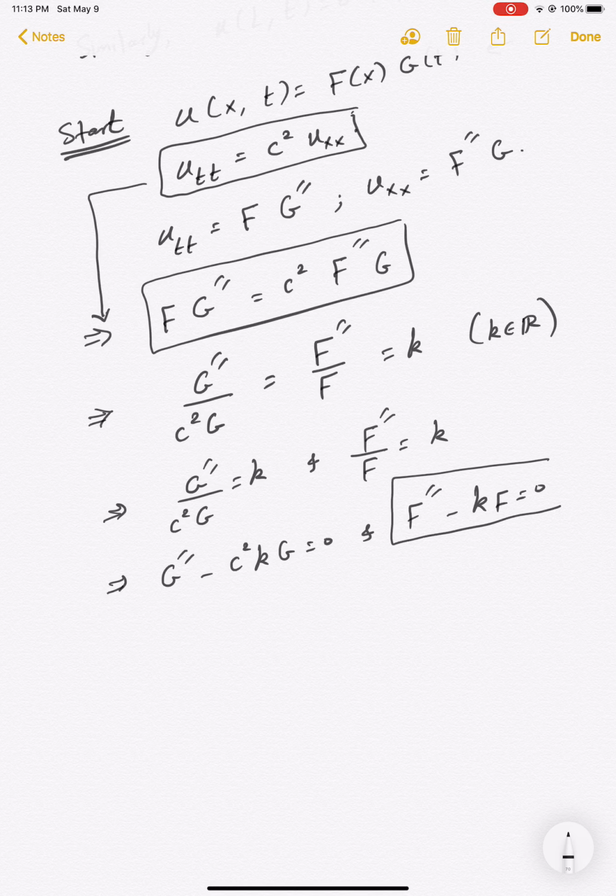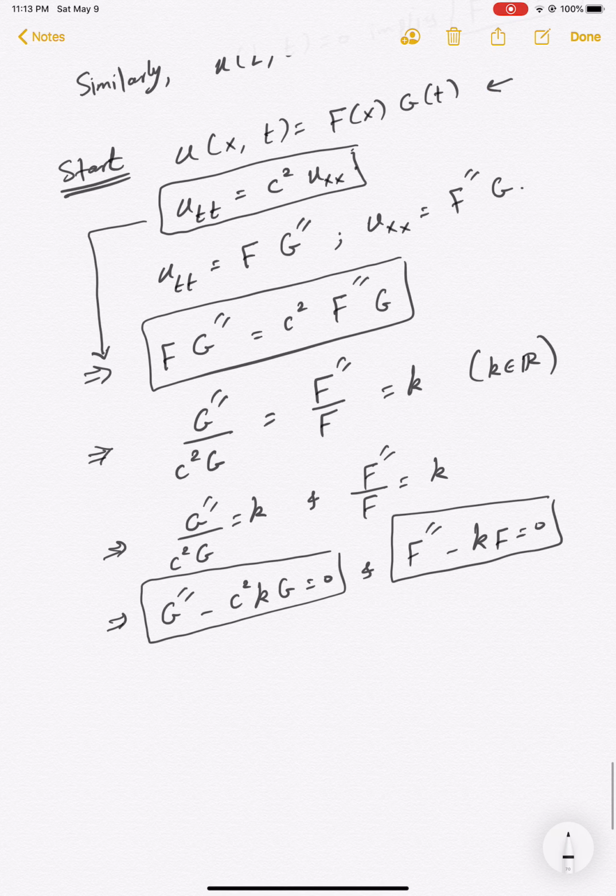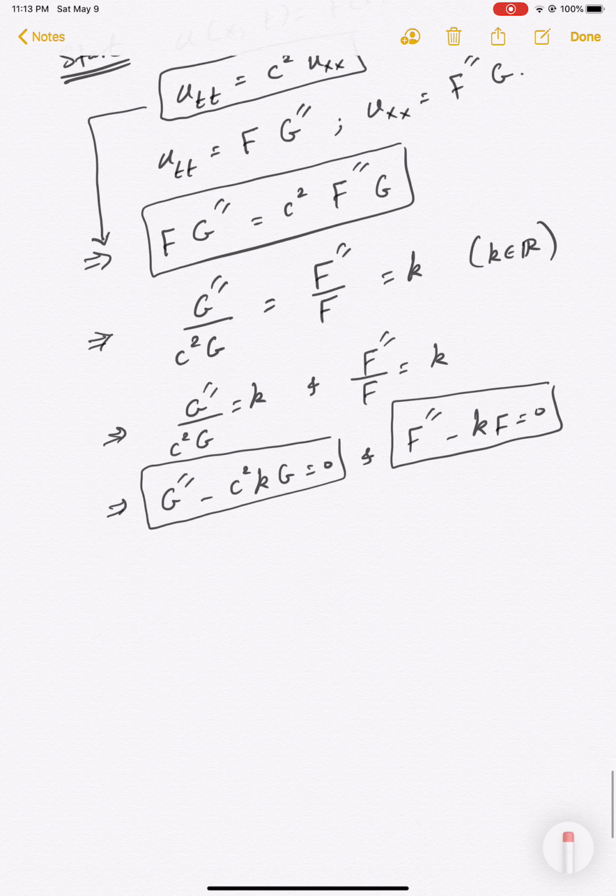This is the important part of separation of variables. You start with a partial differential equation like this, then you assume your solution has the form f of x g of t, and you reach two differential equations. We hope to have two simple differential equations, and I think we all agree these two equations are really simple.